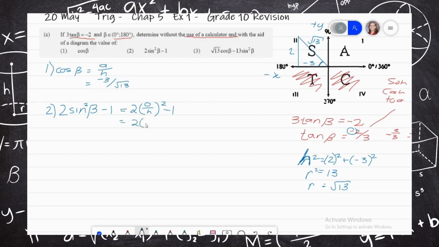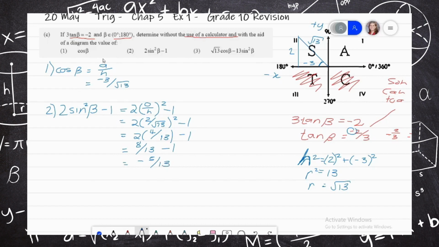So that'll be 2, the opposite side is 2, and the hypotenuse is square root of 13, squared. So that'll be 2 times 2 squared, which is 4, over square root of 13 squared, which is 13. If I multiply the 2 in, that'll be 8 over 13 minus 1, and that equals -5 over 13.